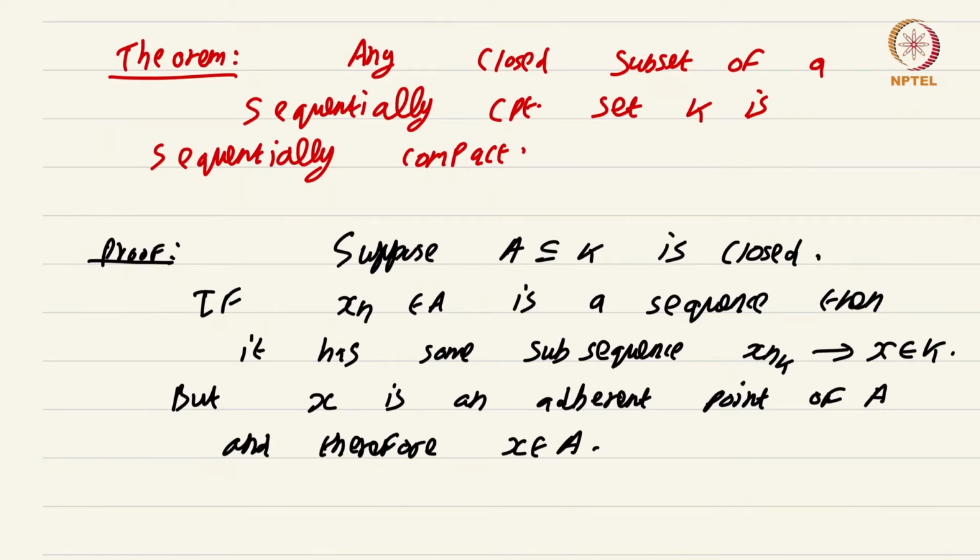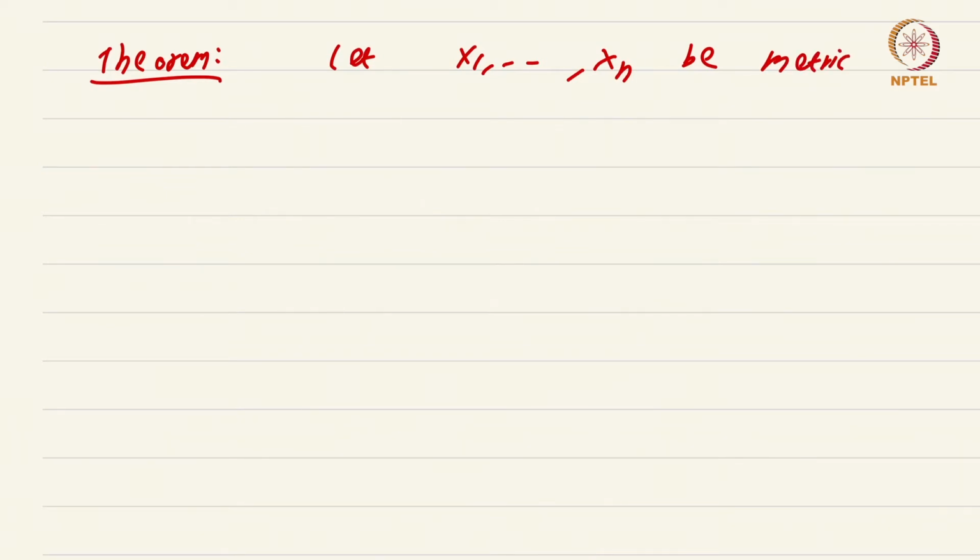The other fact we need to characterize the sequentially compact subsets of R^n is the fact that a product of compact sets is compact. So let X_1 to X_n be metric spaces. Let K_i subset of X_i be compact.